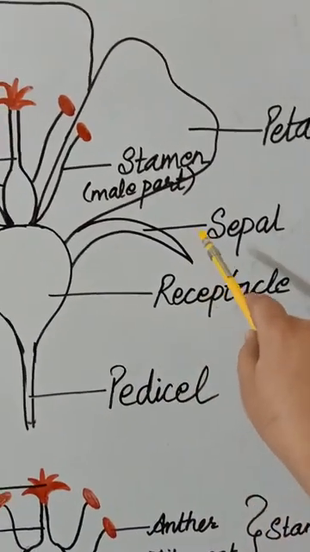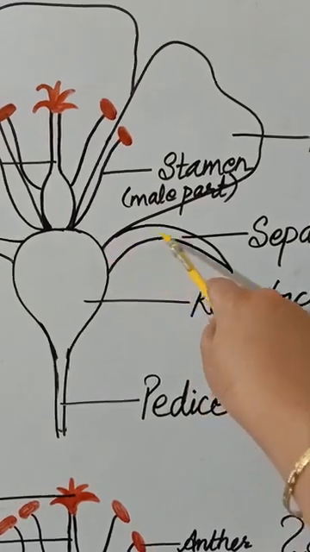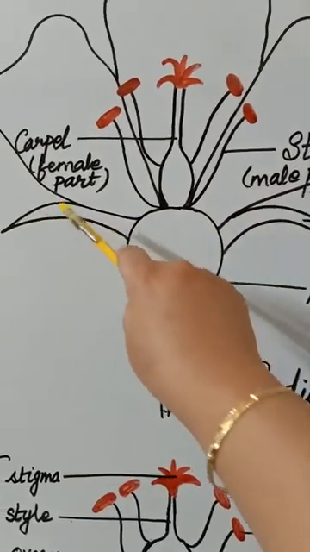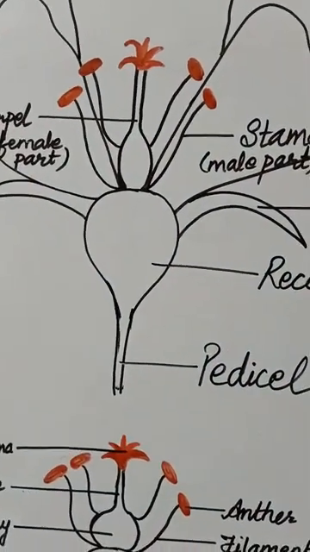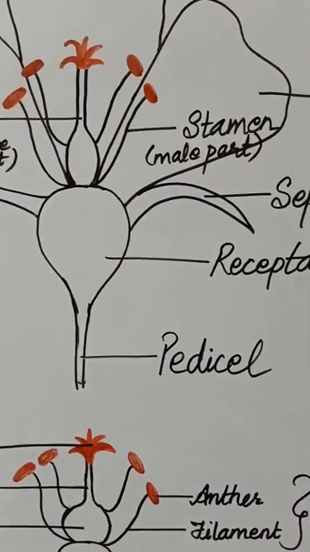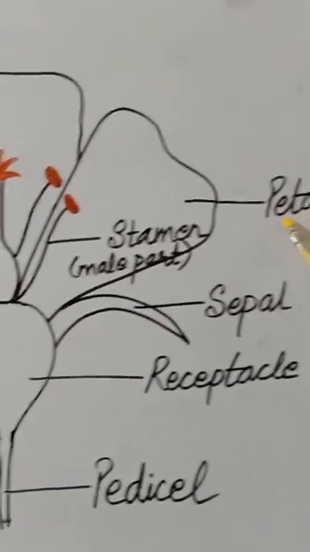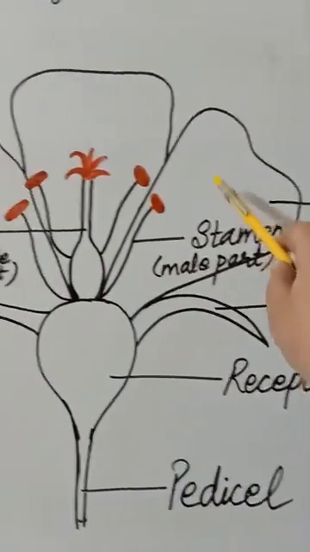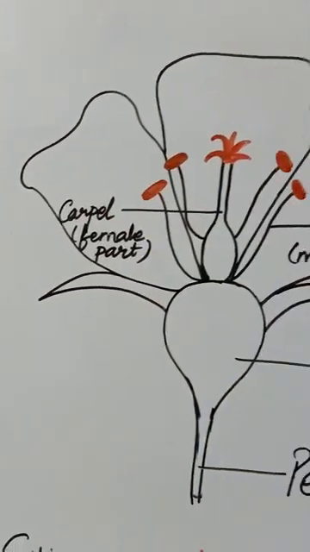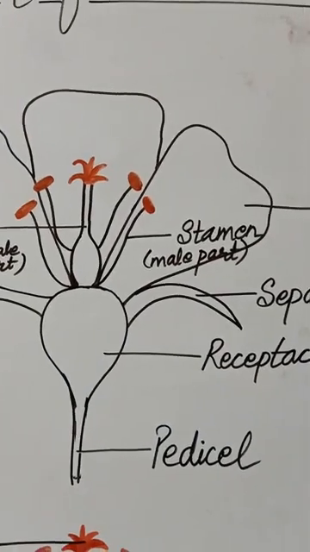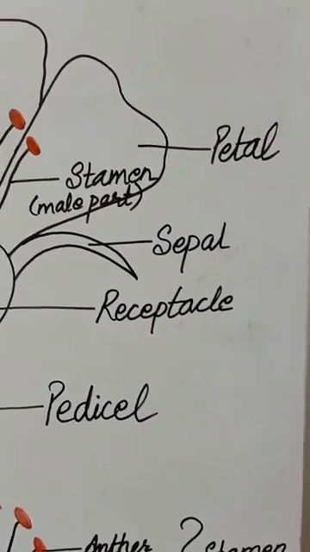Then the next part is sepal, the green part which looks like a leaf, but it is not a leaf actually. Just above the sepal is petal.